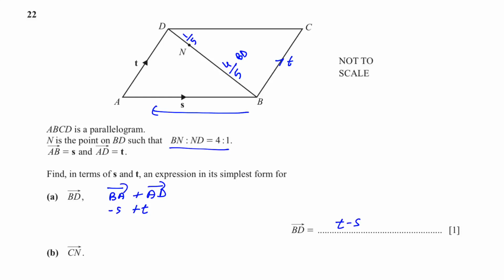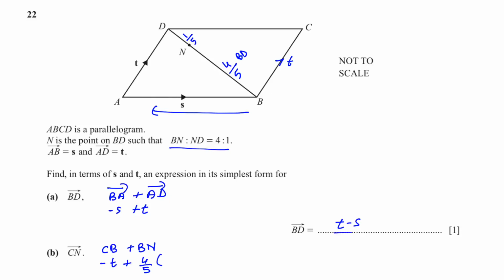Now let's just write what we have got. CN, we can go CB plus BN. CB, as you can see, we are going in the opposite direction. So the arrow is going the other way. T will become negative. You will get negative T plus 4/5 of BD.